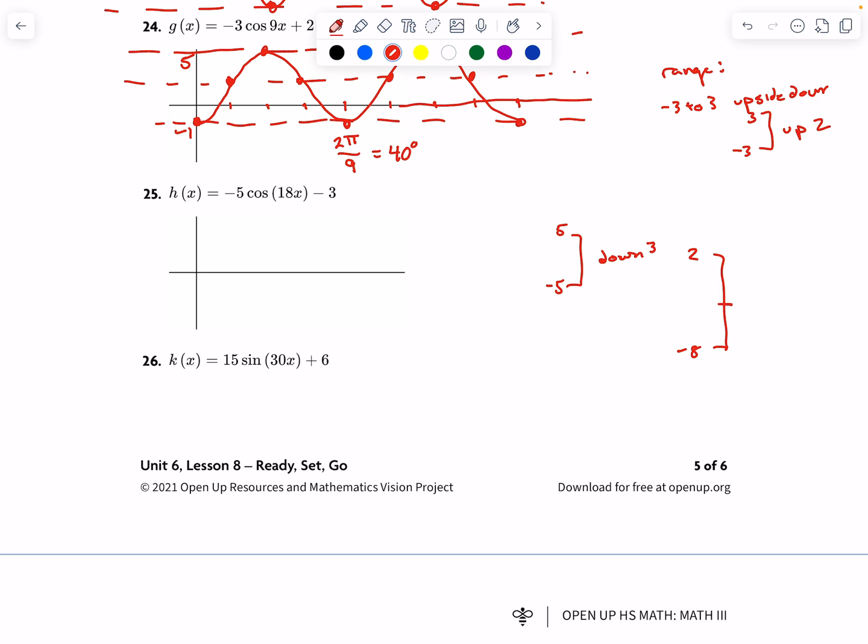And then the center down 3 is -3. So let's just draw some things. Let's call this -8, since we don't have a whole lot of space. And 2. And halfway down is -3. Okay. And upside down.